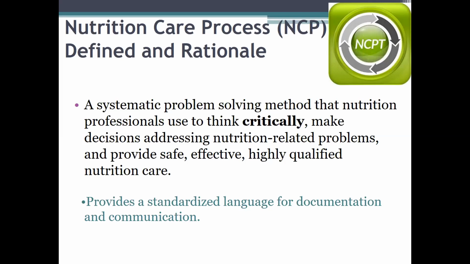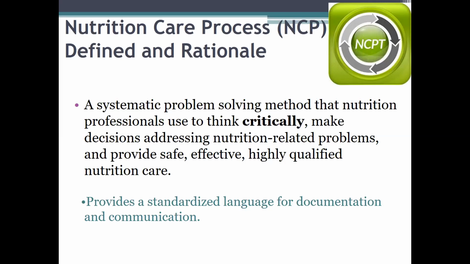Why do we do it? You'll really question this if you don't like it. Like, it's tedious, and I'm not even making you use the real standardized language. But the rationale here that we have listed: provide a standardized language for documentation and communication. So hone in on that word standardized, right?